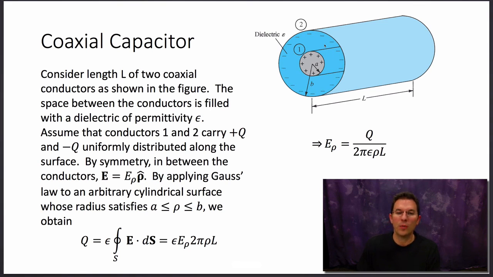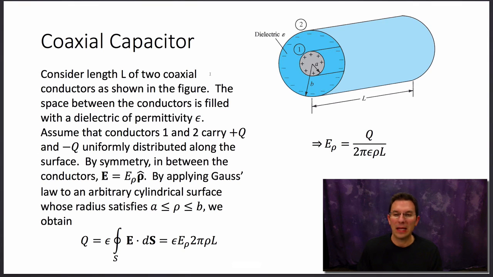We're going to assume that the inner conductor carries a total charge positive Q, and the outer conductor carries a total charge minus Q, uniformly distributed along the length of our capacitor here.